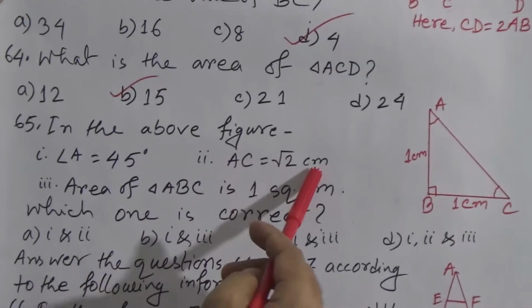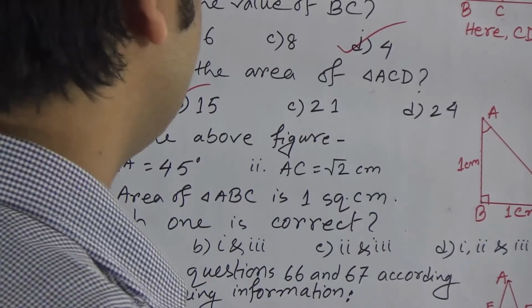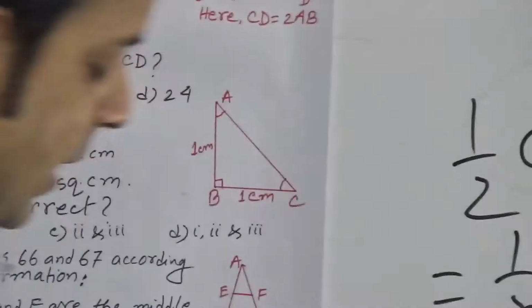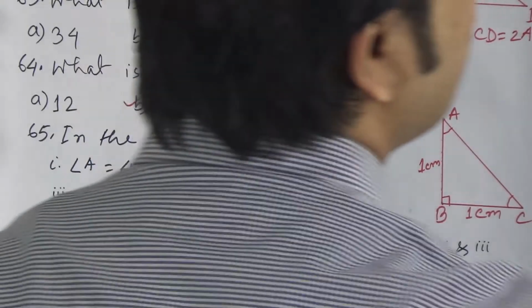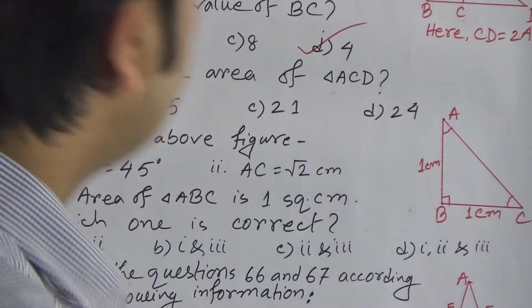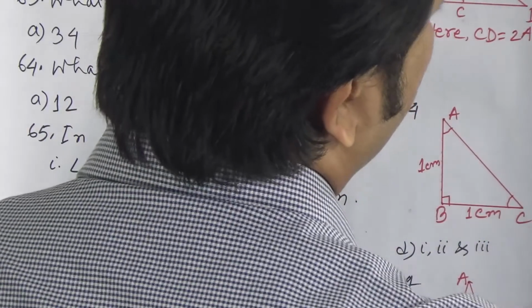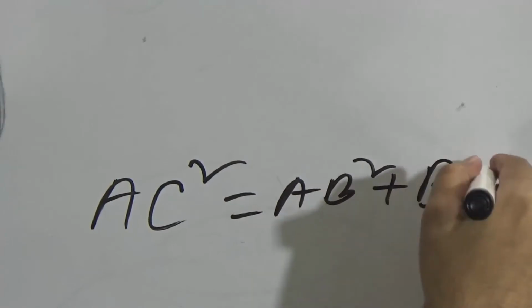Statement 2, AC equals square root 2 centimeter. Dear students, now see here, AB is given, BC is given, we have to determine AC. So we can use the theorem of Pythagoras, AC square equals AB square plus BC square.